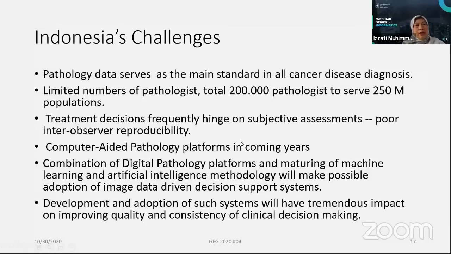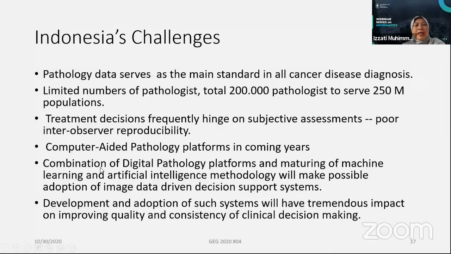In Indonesia, computer-aided pathology is not yet there as a system in clinical practice, but the requests are there. The laboratories and the pathologists have approached us to develop such a system to help their work.